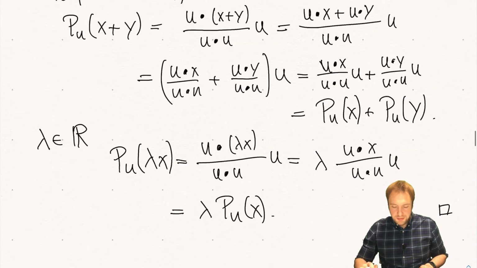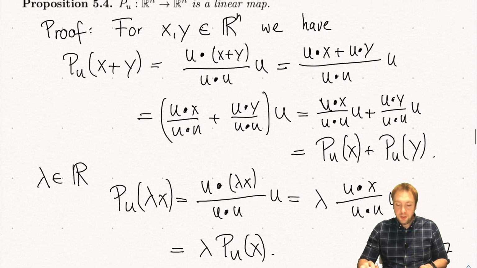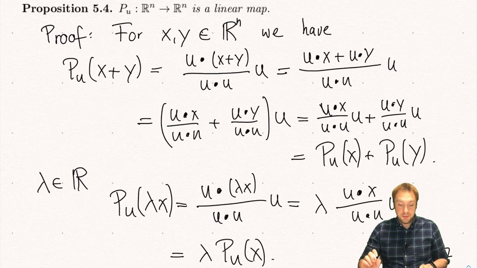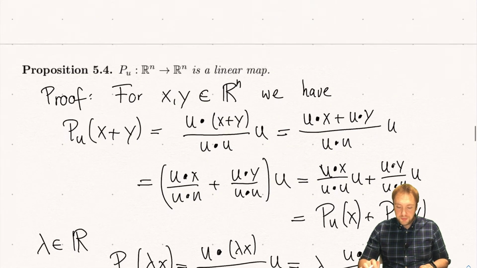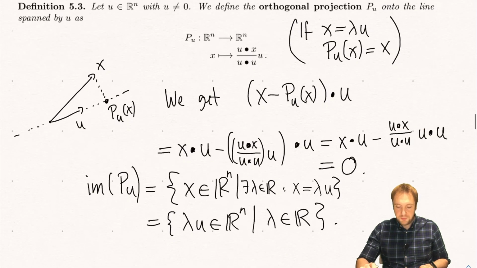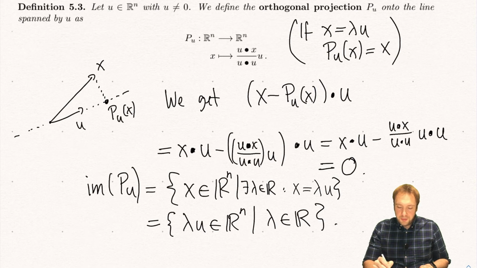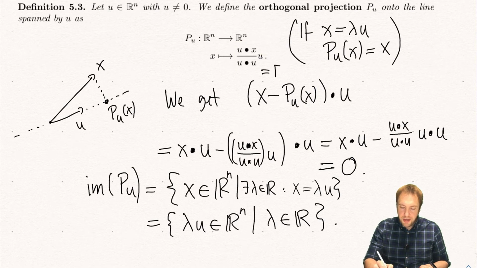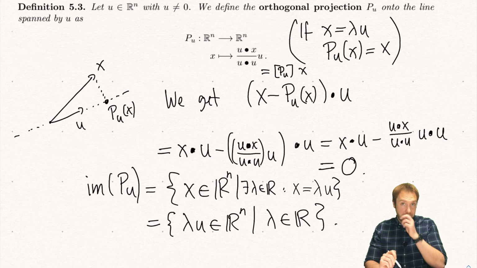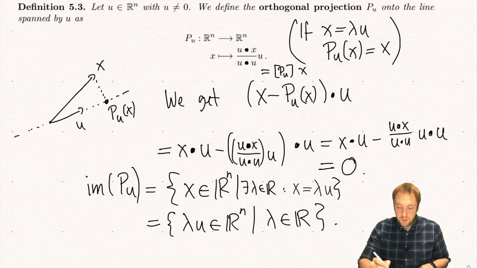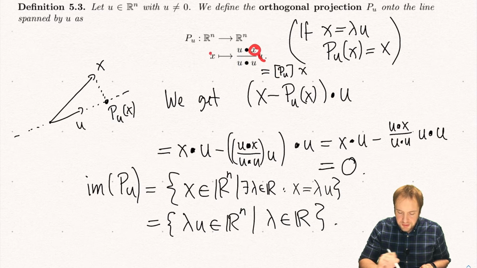Okay, and in the homework you will write down the matrix of this linear map, because now you see here in the definition it's not clear why this is some matrix times x. In the homework you will calculate the matrix of this linear map pu. Because here it's some number times the vector u, and this number contains this x.